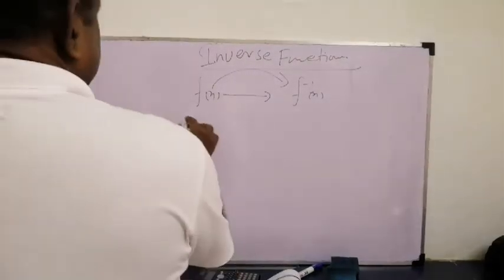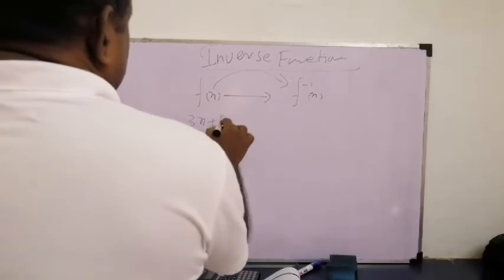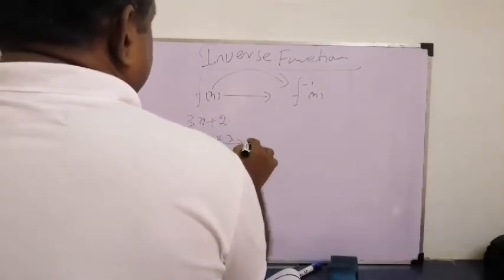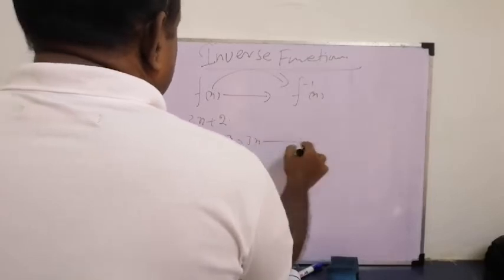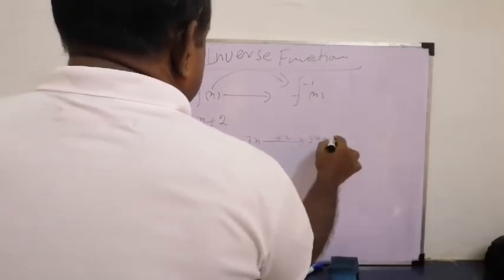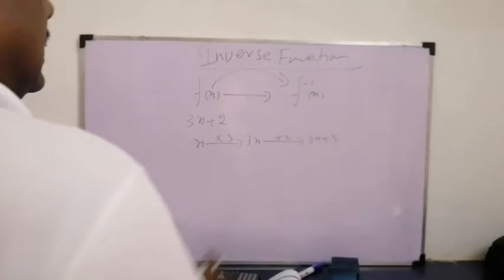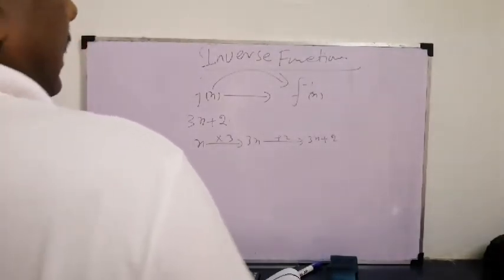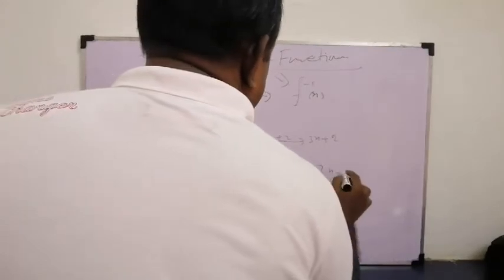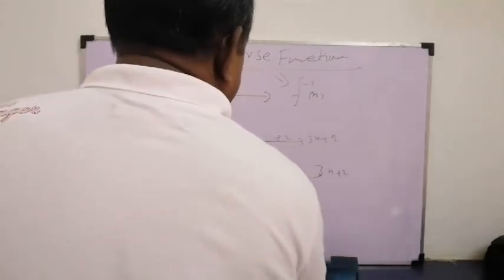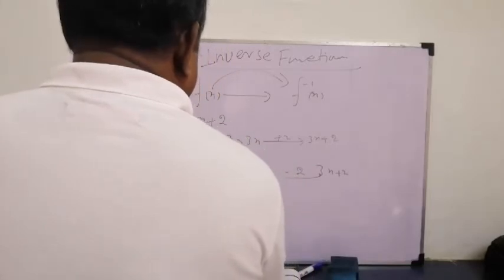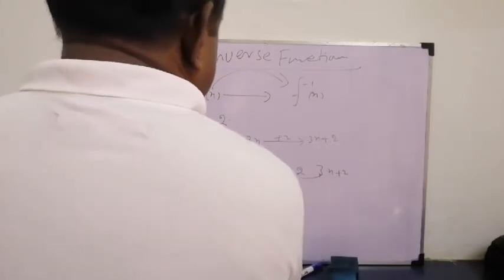For example, 3x plus 2: you get x multiplied by 3, then 3x, then plus 2. So backward, what you will do is 3x plus 2, minus 2, then 3x divided by 3. So this is the inverse of that.